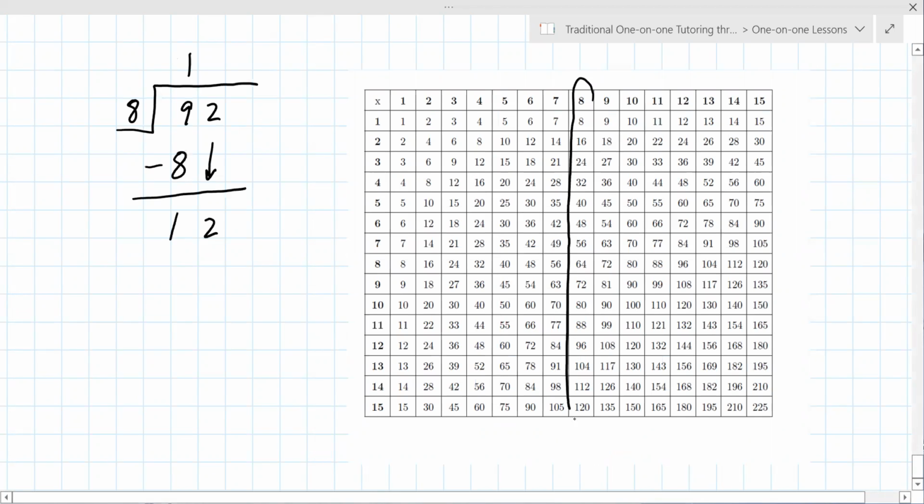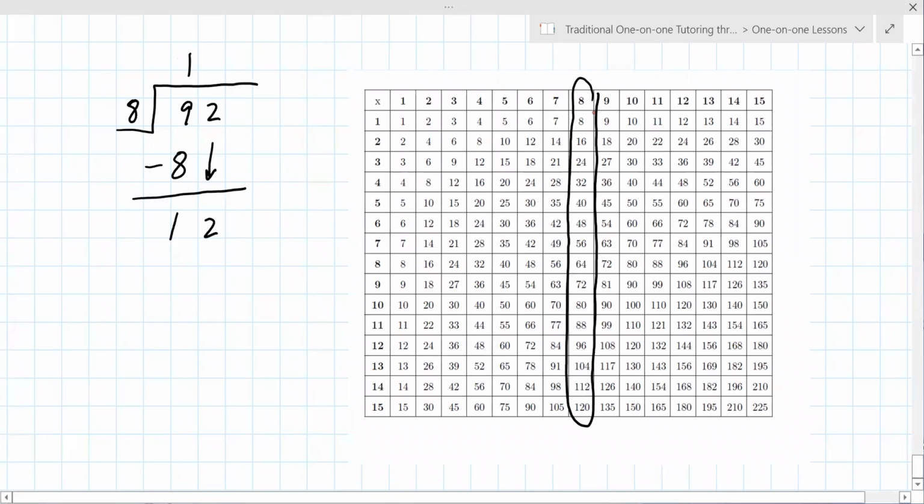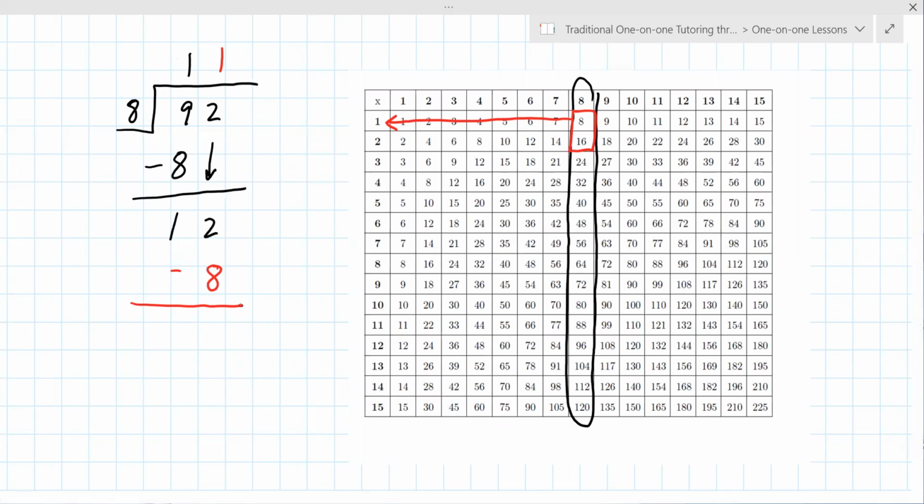Now let's look at the column 8. Okay, you should be going to your multiplication every time. 12 is between what two numbers? 8 and 16. And you want the smaller number, so what does that correspond to? 1. What is 1 times 8? 8. Okay, and now you're going to subtract. What is 12 minus 8? 3.